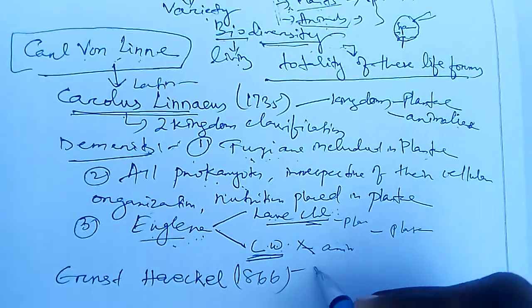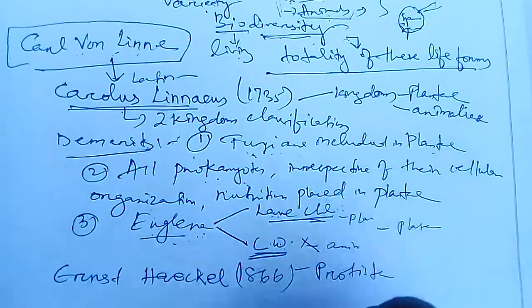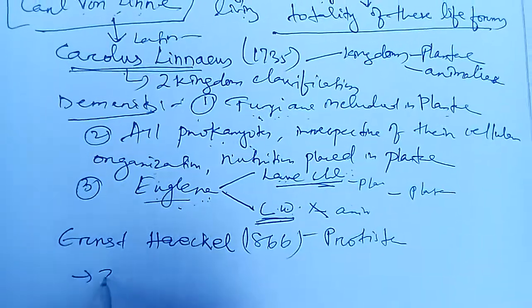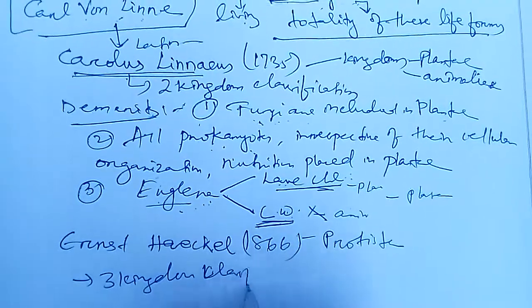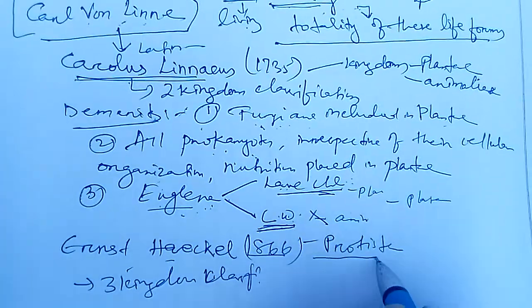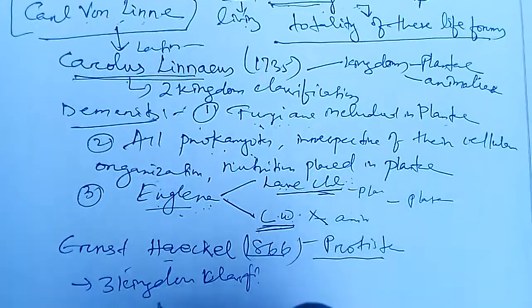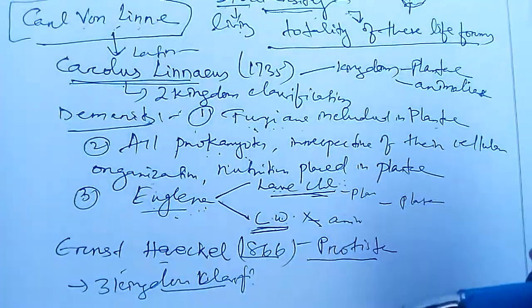That kingdom is named Protista, and he coined the three kingdom classification instead of the two kingdom classification.